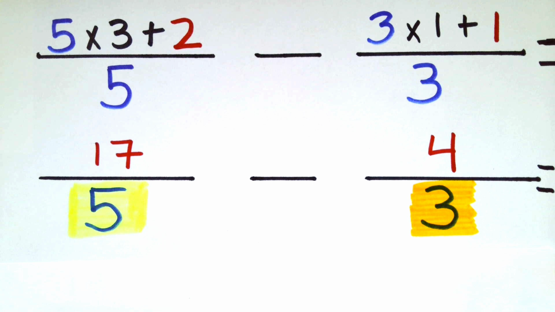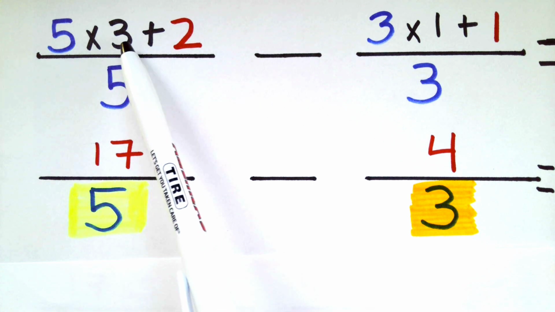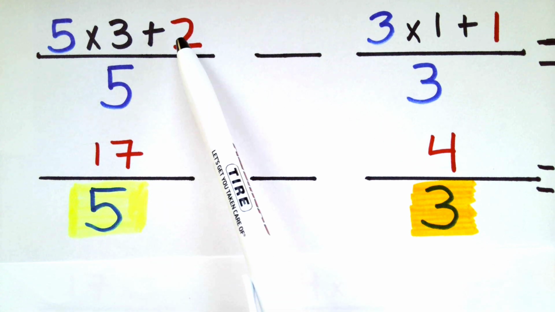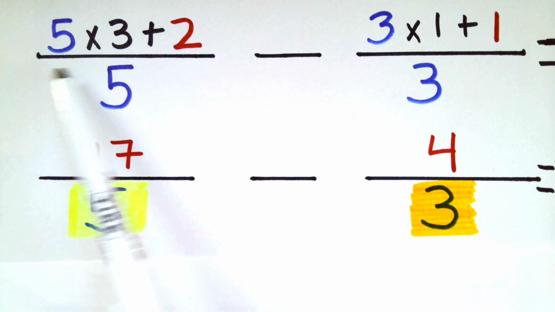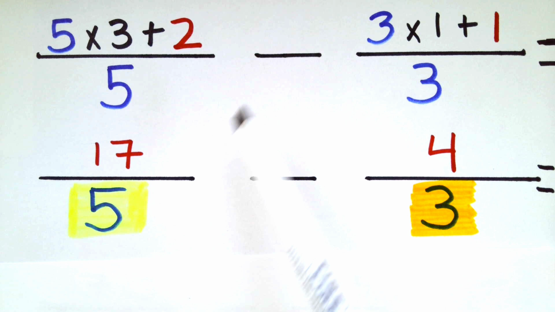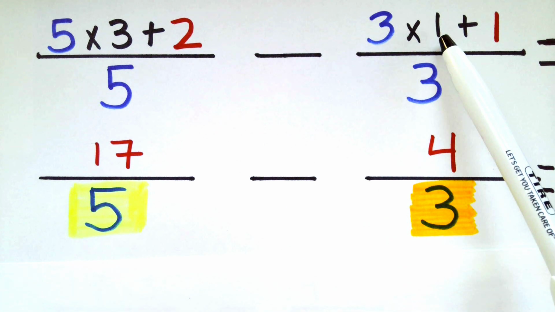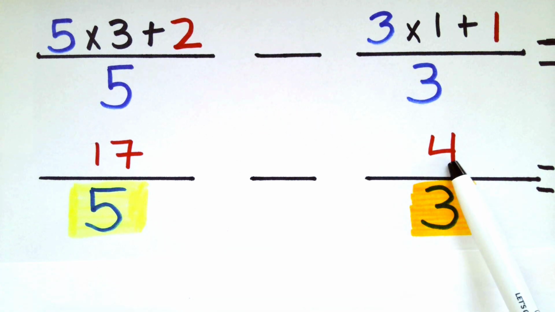All right, so as you can see here, 5 times 3 is 15, plus 2 is 17, over the original denominator of 5, minus 3 times 1 is 3, plus 1 more is 4, over the original denominator of 3.